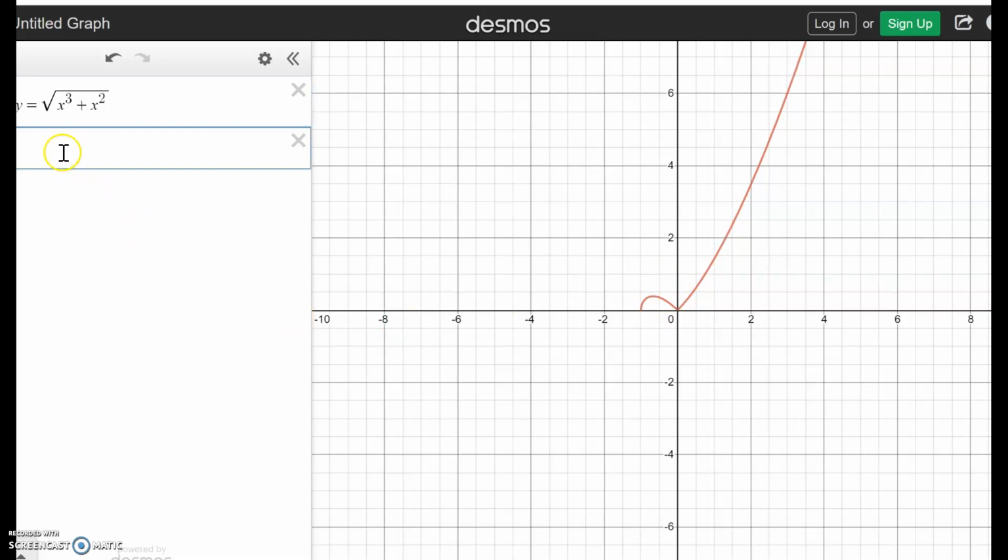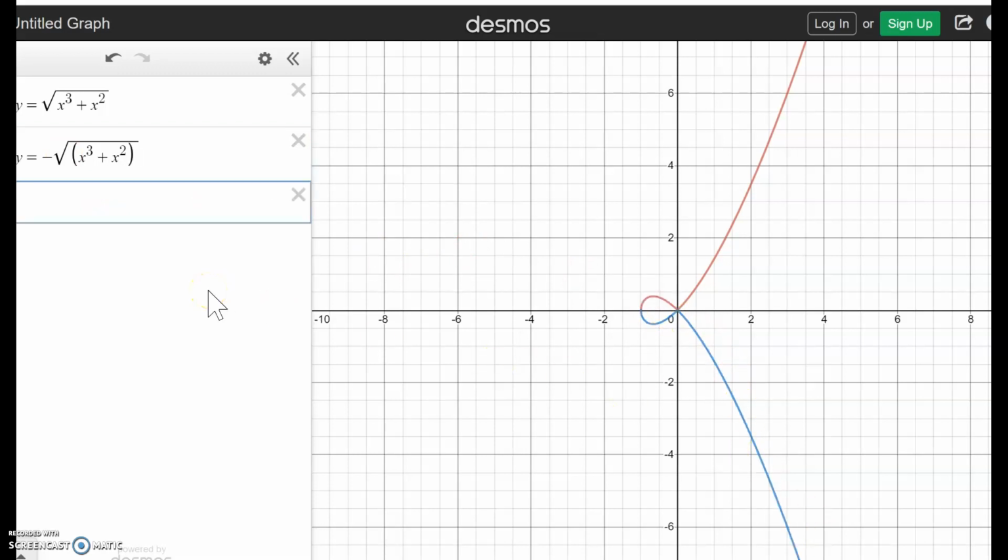Now let's graph also y equals negative square root of x cubed plus x squared. You can see it's just the mirror image, flipped upside down. So there's negative square root of x cubed plus x squared.